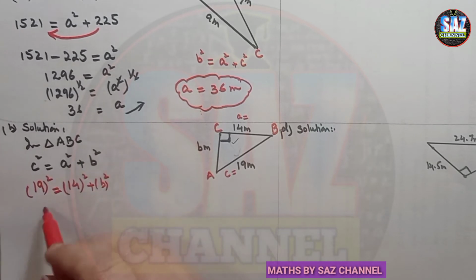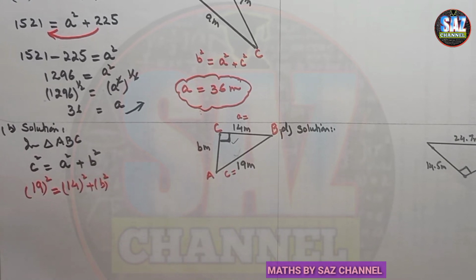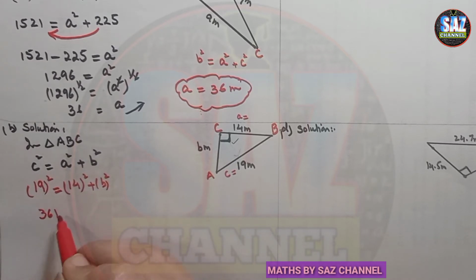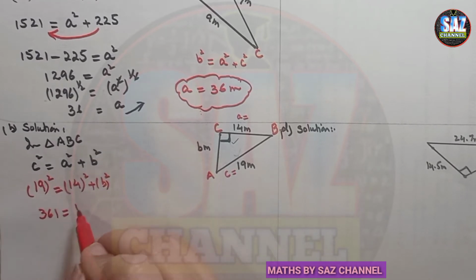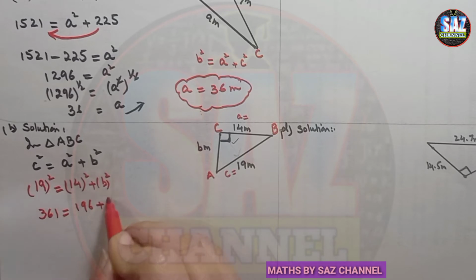Now 19 square is 361, 19 multiplied by 19 is 361, equals 14 square, which is 196, plus B square.